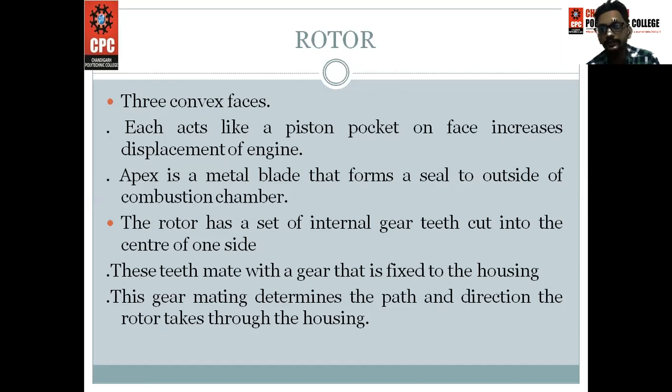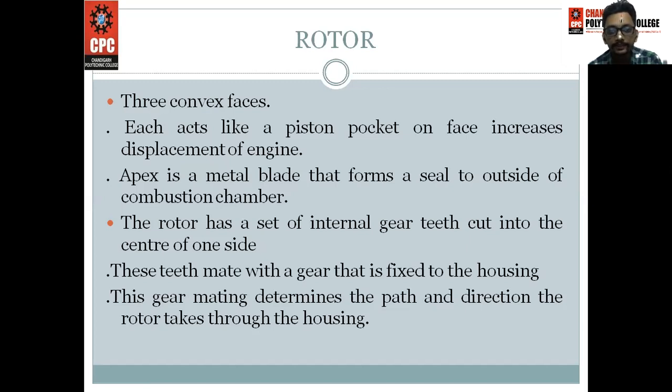The first part of the rotary Wankel engine is the rotor, with three convex faces. Each face acts like a piston pocket. The faces increase the displacement of the engine. The apex is a metal blade that forms a seal to the outside of the combustion chamber.